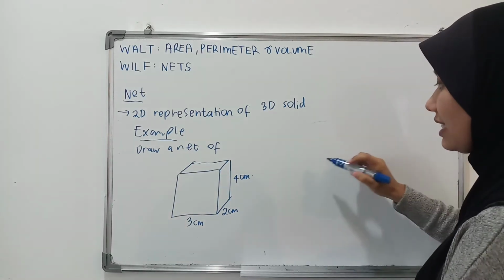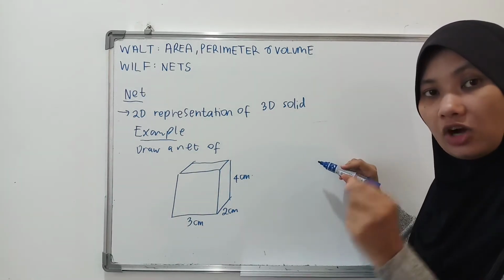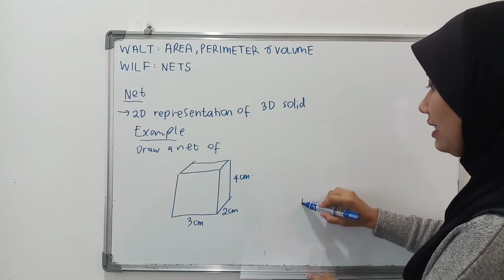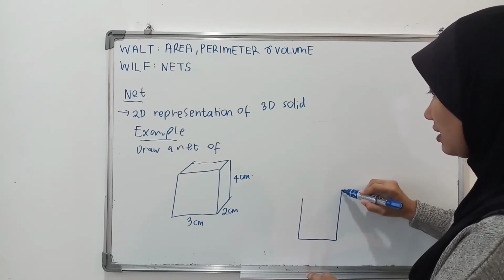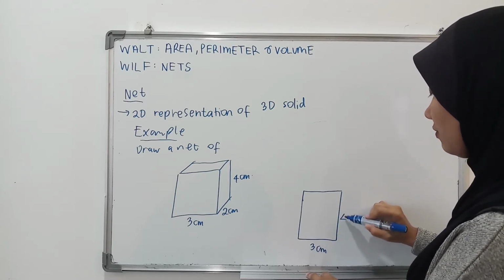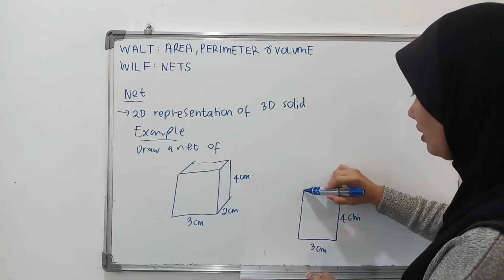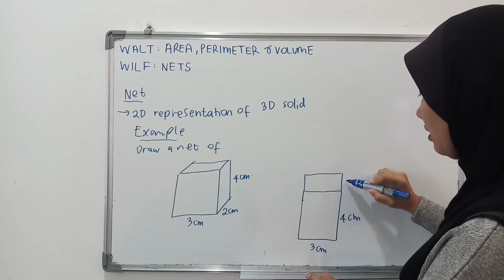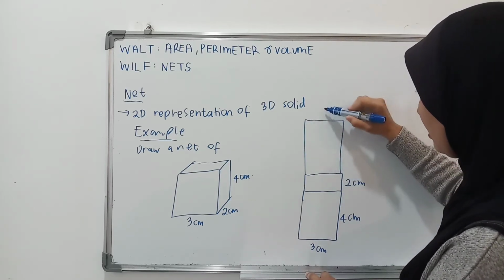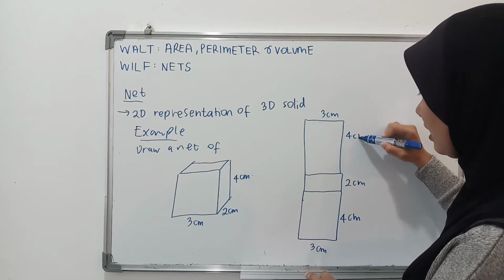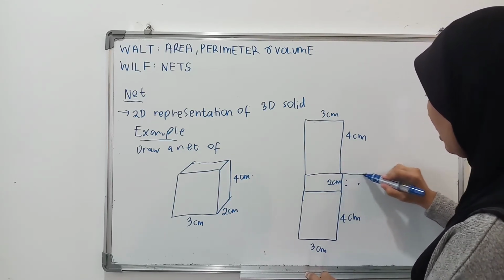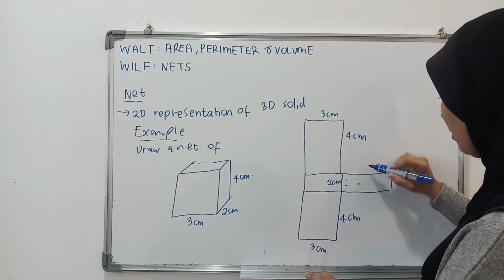You will get something like this. Make sure you do it according to the dimensions. Use the ruler. This is 3, this is 4 cm, this is 2 cm, this is 3 cm, 4 cm, 4 cm.